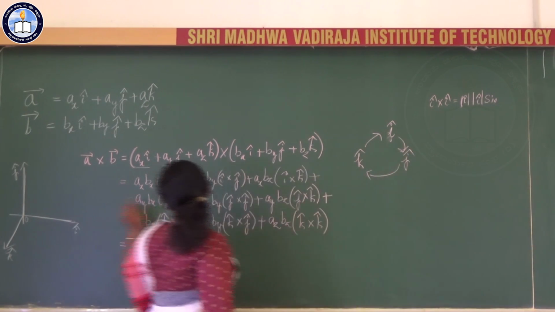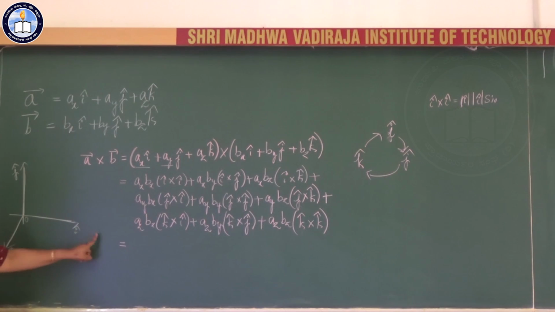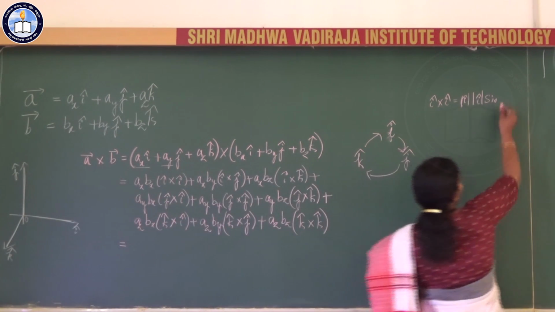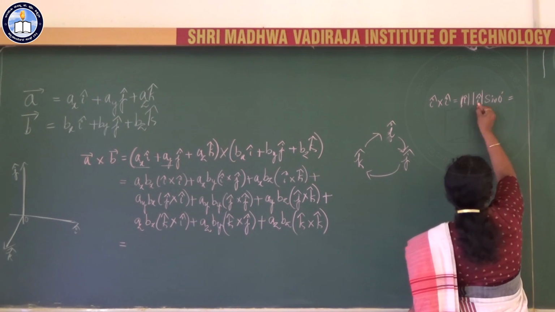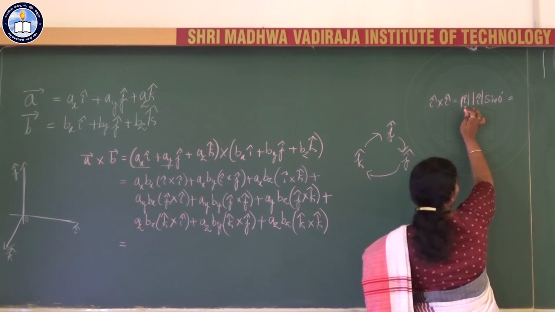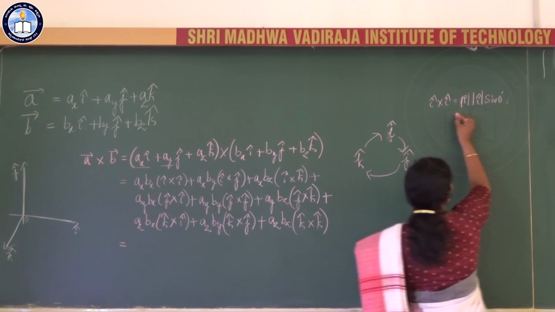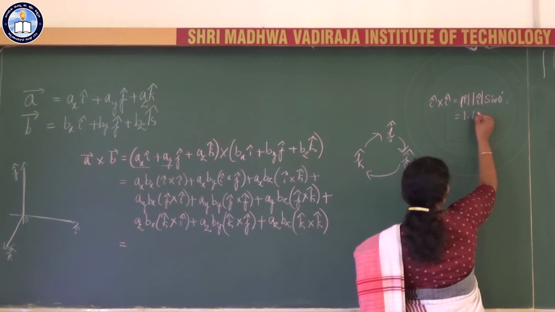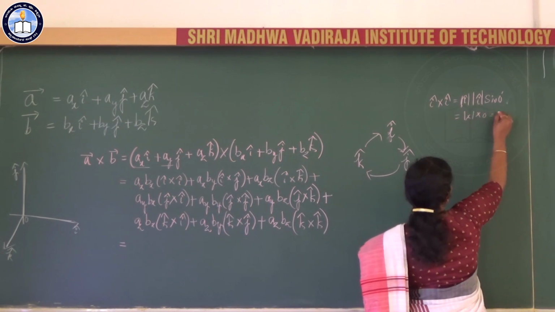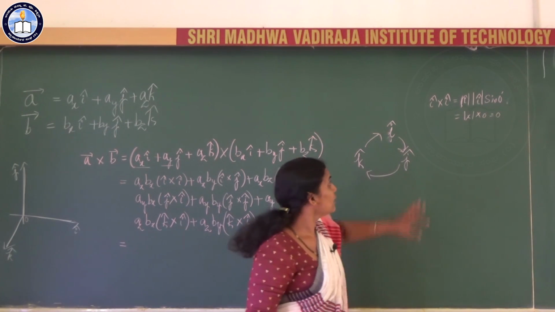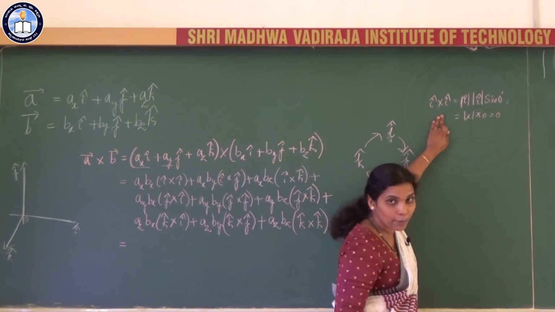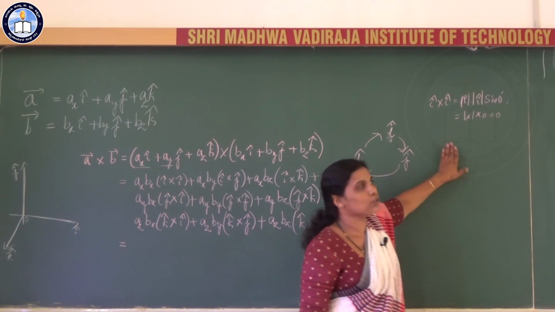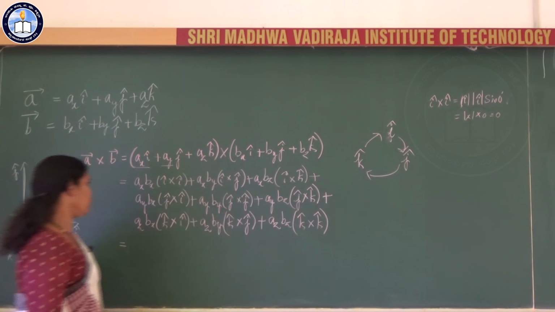The angle between i and i is 0 degrees, since they lie along the same direction, and sine 0 is 0. The magnitude of i cap is 1, so the answer is 0. This applies to i cap cross i cap, j cap cross j cap, and k cap cross k cap also. We use this value.